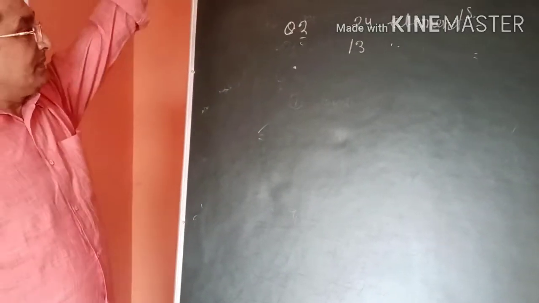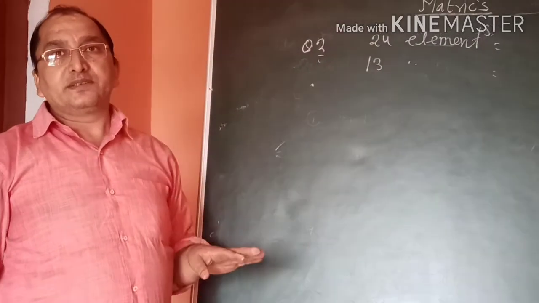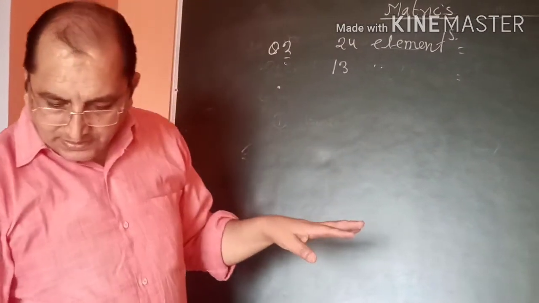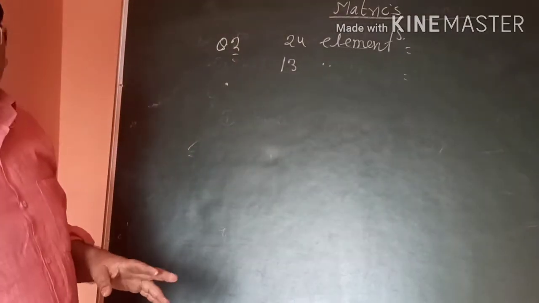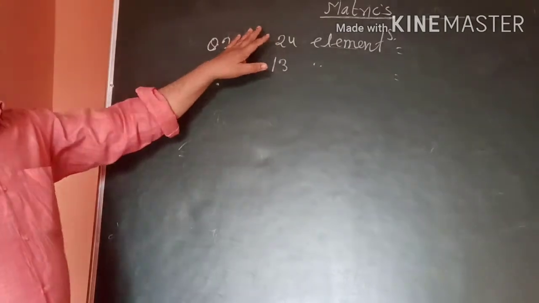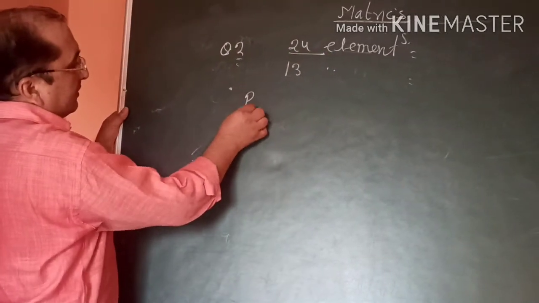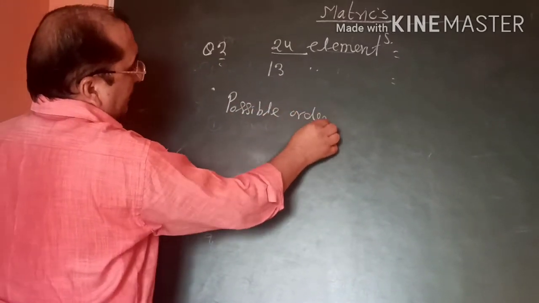Question number 2. A matrix having 24 elements. What is the possible order of this matrix?